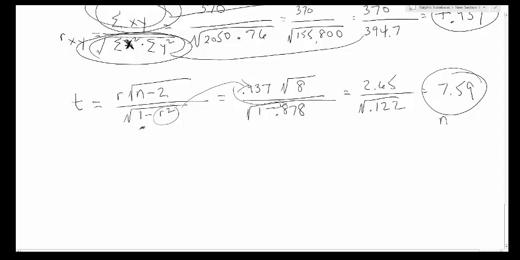Look at this for the 7.59 with n minus 2, or 8 degrees of freedom. And what you will see there is that the likelihood of coming up with this t is less than 1 in 100 cases. So it's below 0.01.